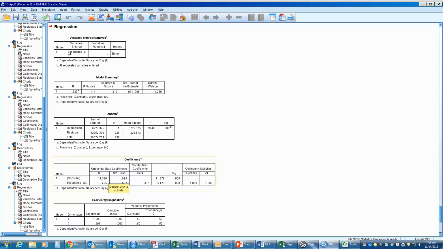One extra year of experience as a supermodel will increase the salary by 3.42. So if you have a supermodel with 2 years of experience, you can multiply this number times 2 and add it to this value here.